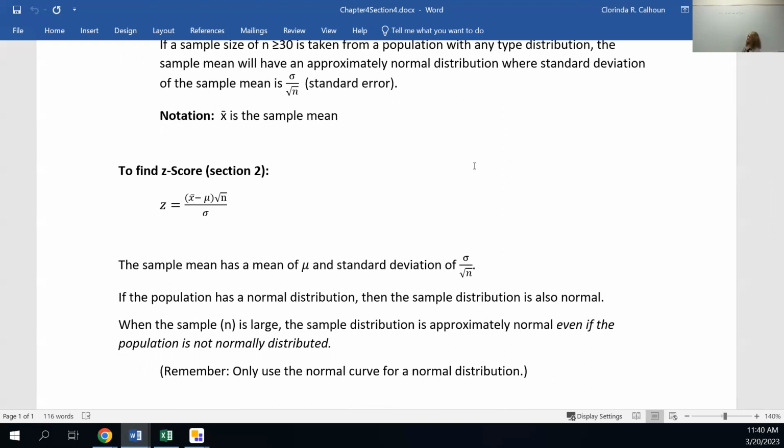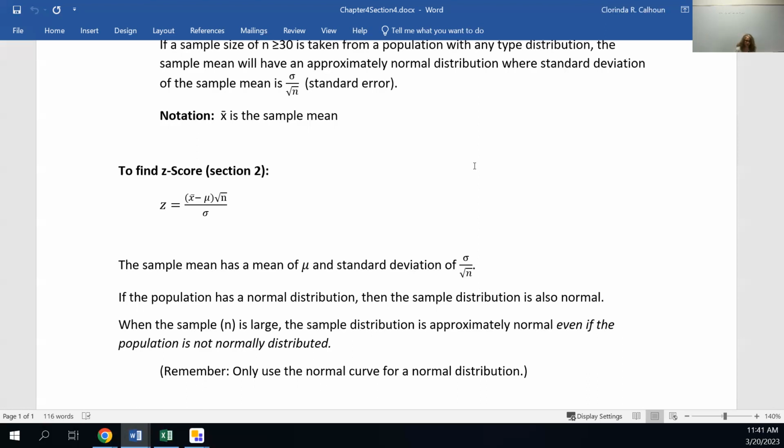When the sample is large, the sample distribution is approximately normal, even if the population is not normally distributed. So if you have n that's 30 or greater, which is our rule, n is greater than or equal to 30, then you can just say this is a normal distribution.